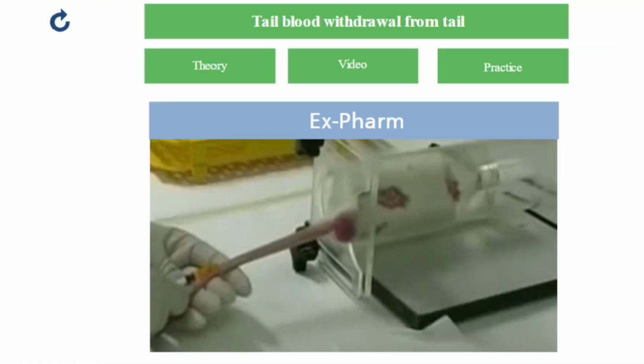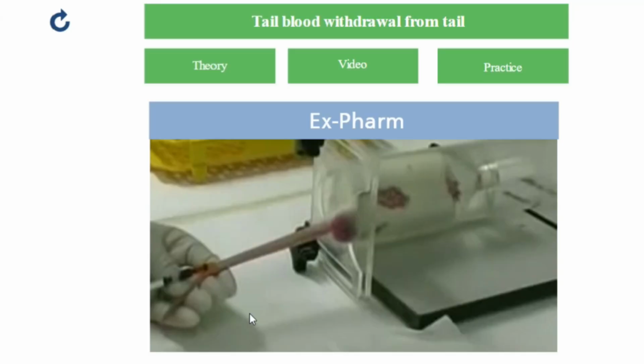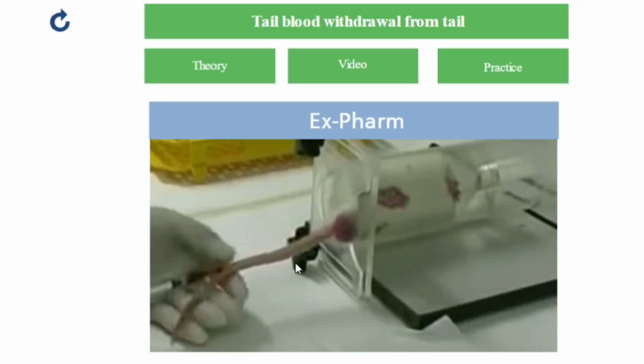Here you can see they are directly showing collection of blood from the tail vein. But before collecting the blood, we have to do lots of work. We have to clean the tail properly using hot water or isopropyl alcohol.